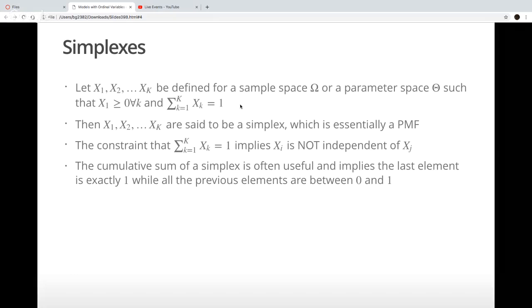Because you have k random variables that add up to 1, if you knew any k minus 1 of them, you could exactly figure out the remaining one just by doing 1 minus the sum of the rest of them. So they're most definitely not independent of each other, and in situations like that, you need to think of them jointly rather than merely marginally.